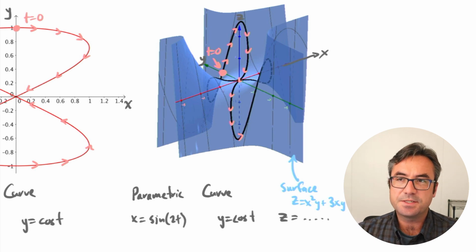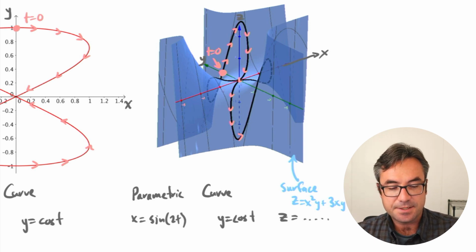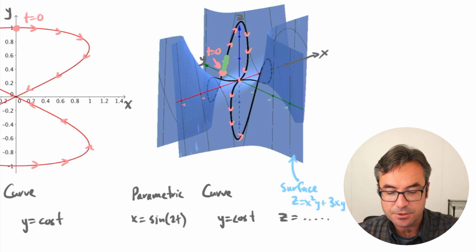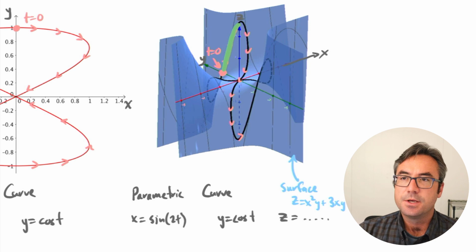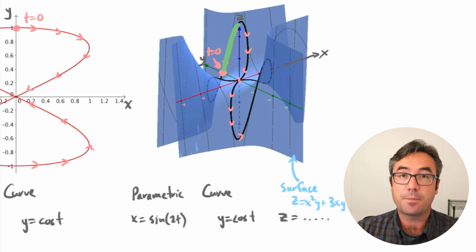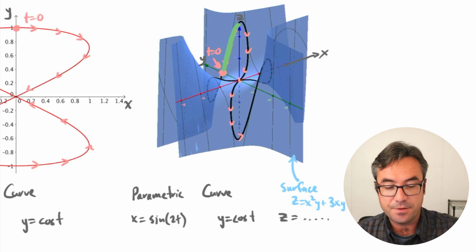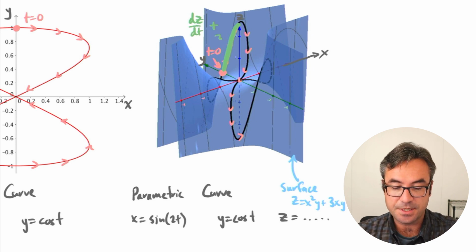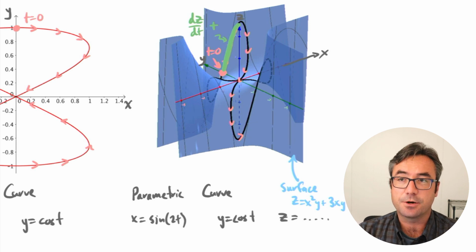So what we can see here is that at time 0, it starts moving uphill. So for that section, since the height of our particle on our surface is increasing, the derivative in this case would be positive on this section of the parametric curve.